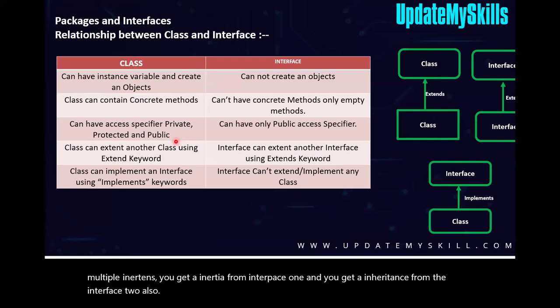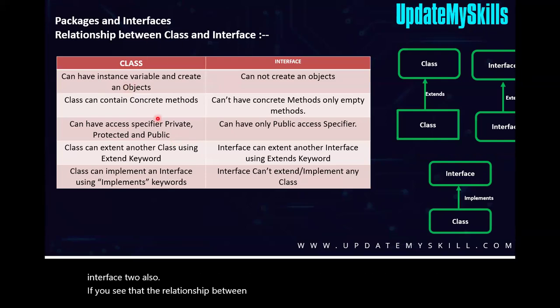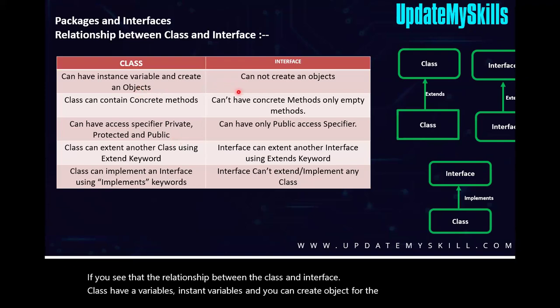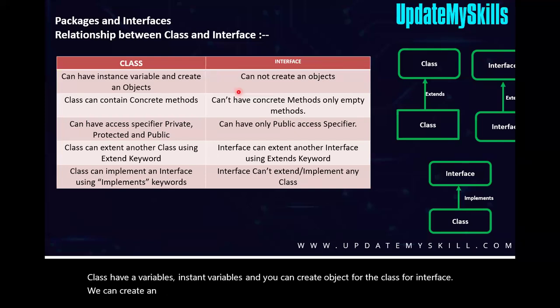If you see the relationship between the class and interface, a class has variables, instance variables, and you can create an object for the class. For an interface, we cannot create an object because an interface is not complete without a class.